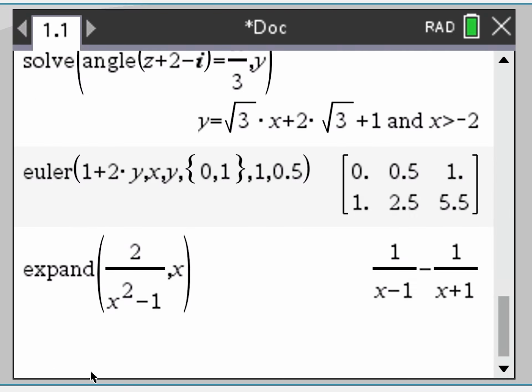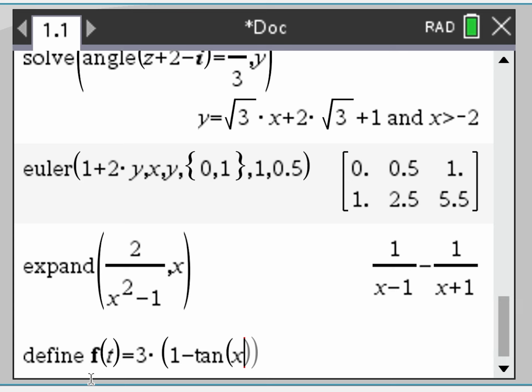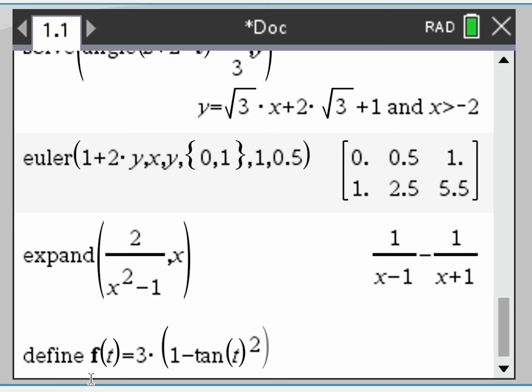So let's find the derivative of the x term. What I'm going to do is define f of t equals the x term, so 3 times 1 minus tangent of t, whole squared.